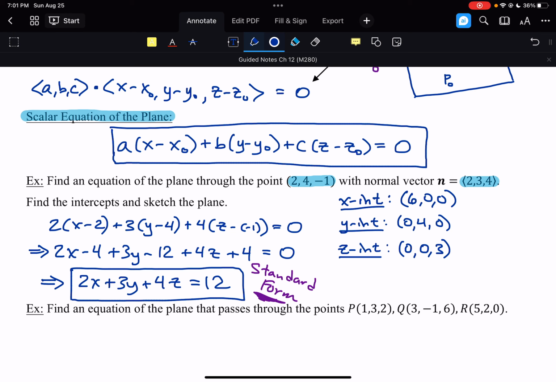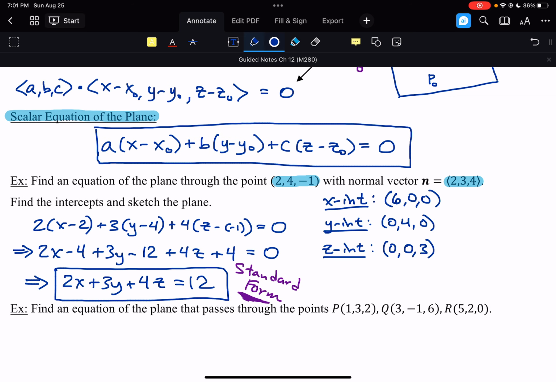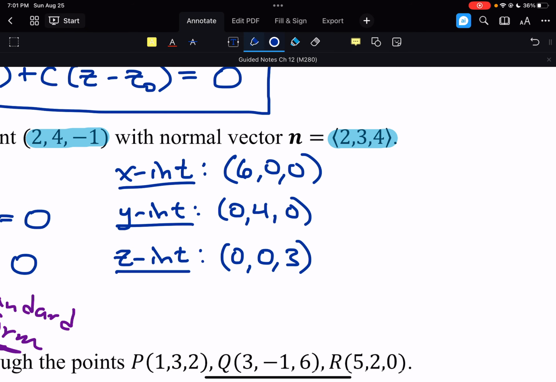And we can use those to draw out the plane. When it comes to plotting planes, they're kind of hard to visualize when they're out in space, and they do extend infinitely in all directions, but it is very helpful to plot them on the coordinate axes just for the sake of visibility. So we have x, y, and z.